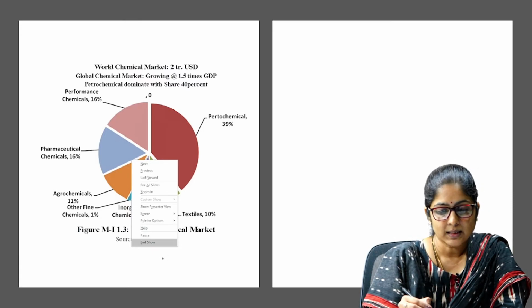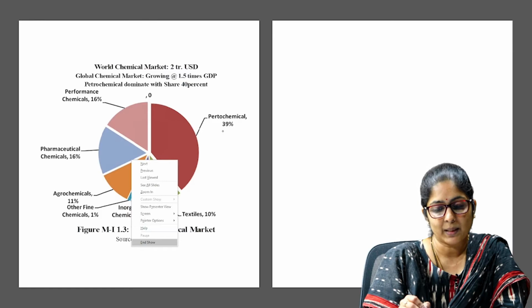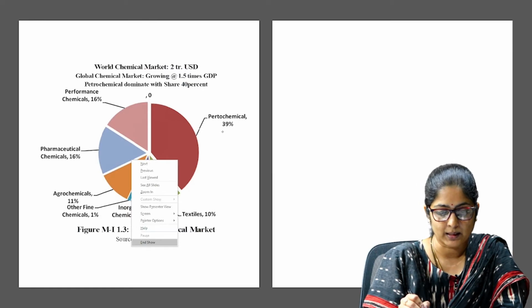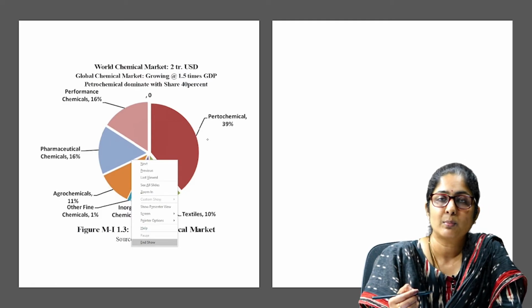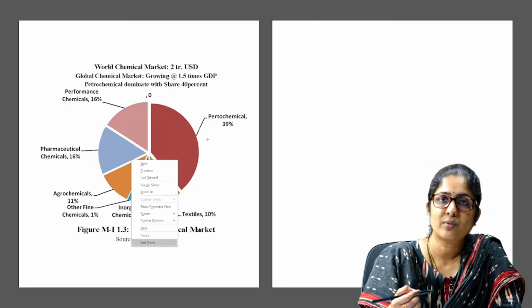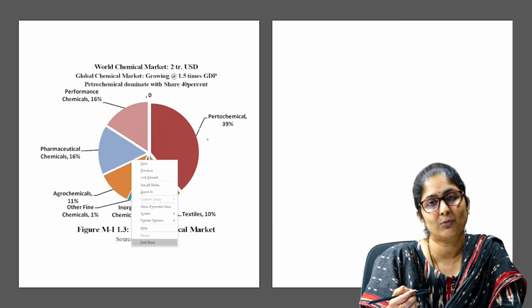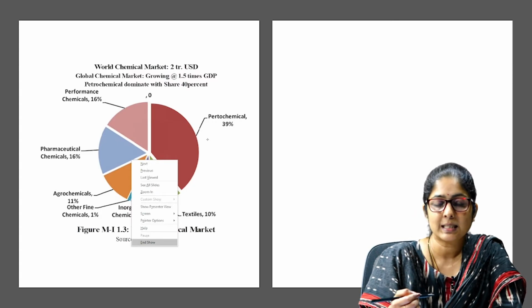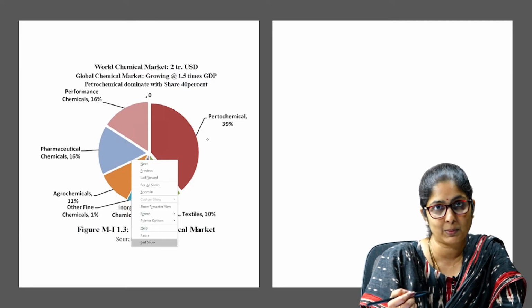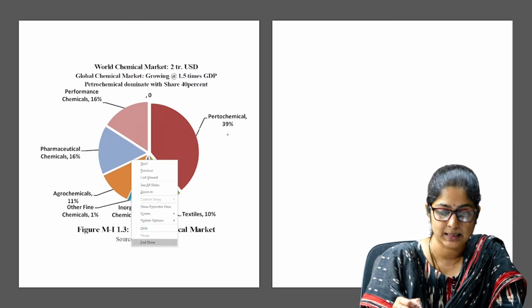Petrochemical occupies a major share in the world chemical market. Petrochemicals come from the raw material crude oil. From crude oil, first you get the fuels like gasoline, diesel or jet fuel. The second range of products will be the petrochemicals, a large market of around 39%.